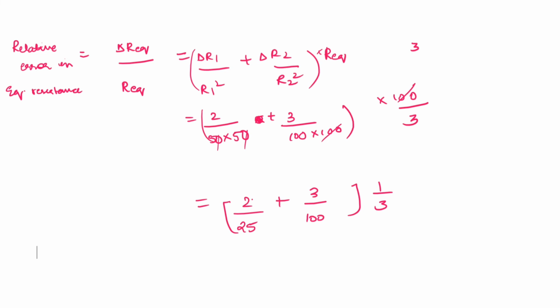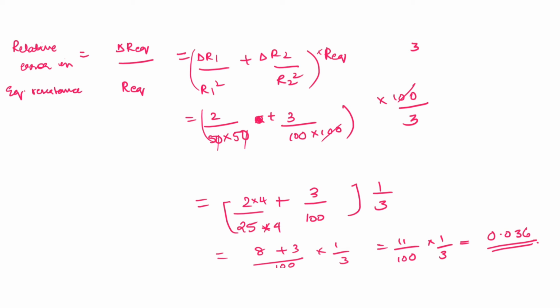Take the LCM as 100. This 1 by 3 is common over here. So it becomes 8 plus 3 by 100 into 1 by 3, that is 11 by 100 into 1 by 3. Solve this and you get the answer as 0.036. So that is our fractional or relative error in the equivalent resistance when they are connected in parallel.